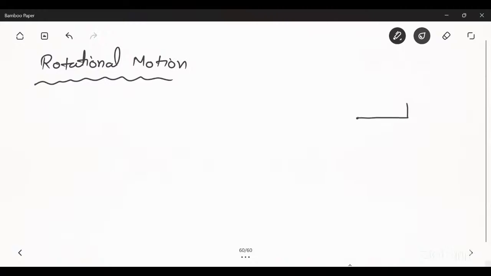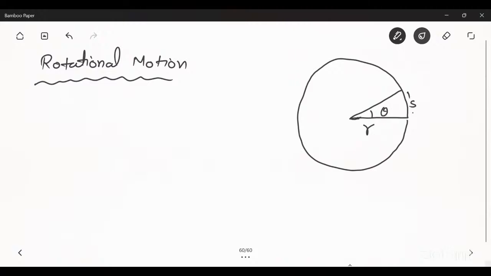Now suppose the particle is rotating about a fixed axis having radius r. Suppose it moves through an angle theta, and its displacement is denoted by s, from point A to B. So theta is equal to s upon r, meaning arc upon radius. The arc is the linear displacement, and theta is the angular displacement.